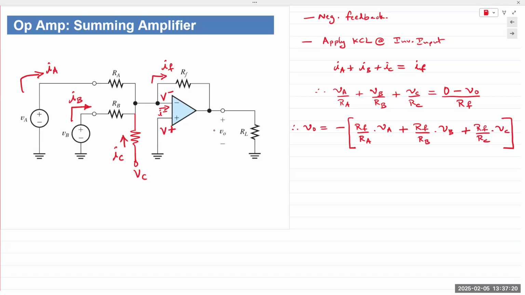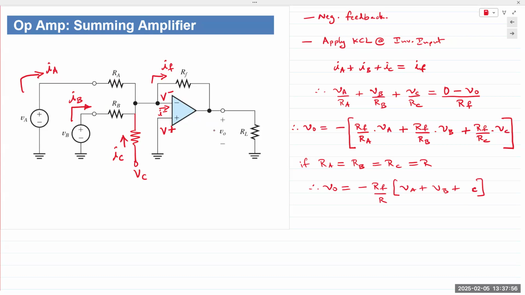If we choose all resistor values to be the same, RA equal to RB equal to RC equal to R, then I can write VO is minus RF over R times VA plus VB plus VC.